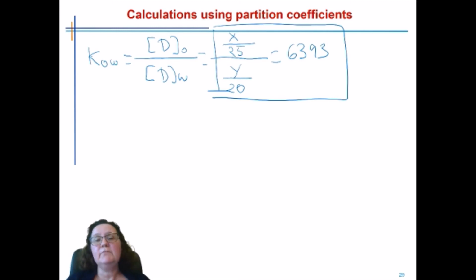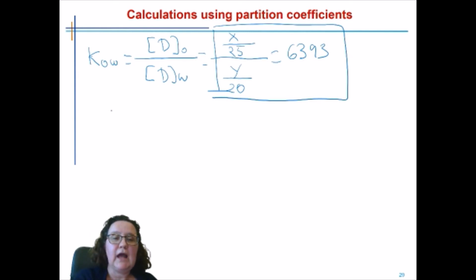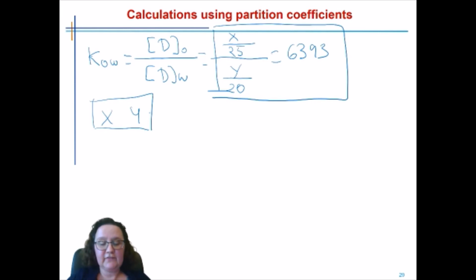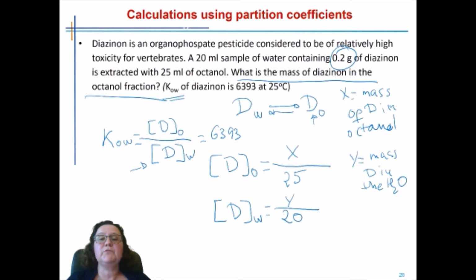But there is something that relates X and Y. What do X and Y have in common? The mass of the diazinon I have in the water and the mass of diazinon I have in the octanol are related, and they're related by something that is in the text of the question.